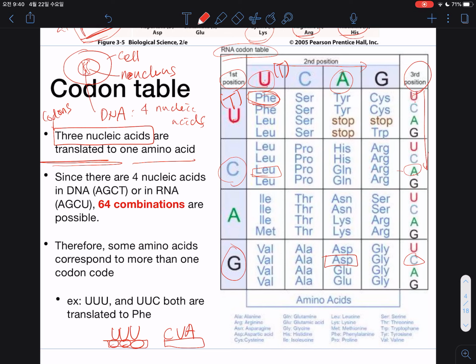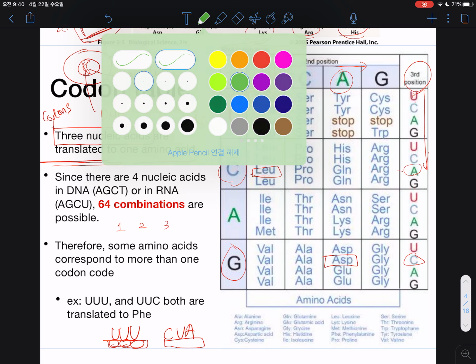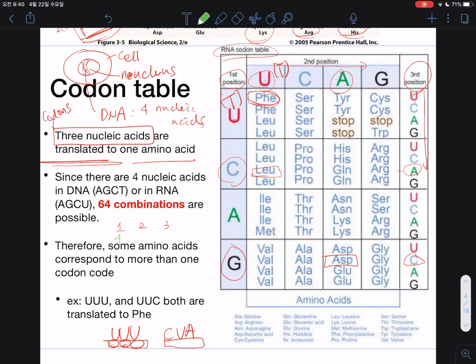Therefore, if you think about the combinations, position 1, position 2, and position 3, each position can have 4 possibilities, right? The all possible combinations sum up to 4 to the 3rd power, which corresponds to 64 combinations, right?